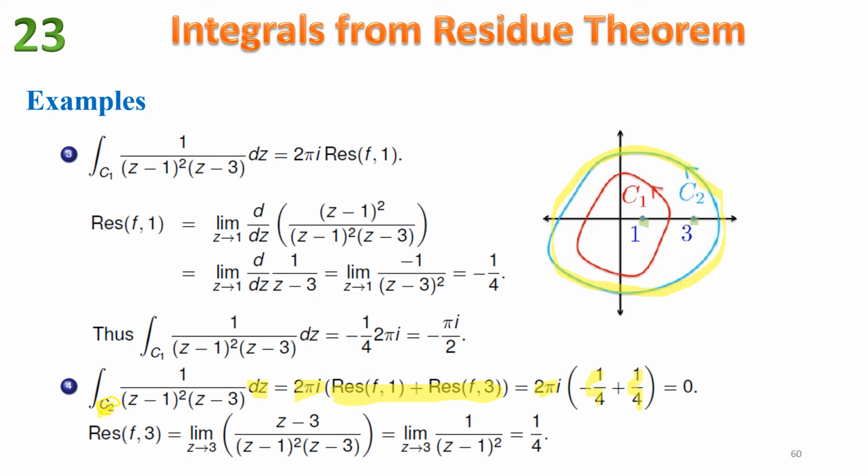So we have to find it at two places, 1 and 3. Here I have clearly indicated the solution for C1. This residue is minus 1 by 4. In case of this, the residue is plus 1 by 4. So in all, it becomes 0. So the residue of f at 3, here is the simple calculation you can see.